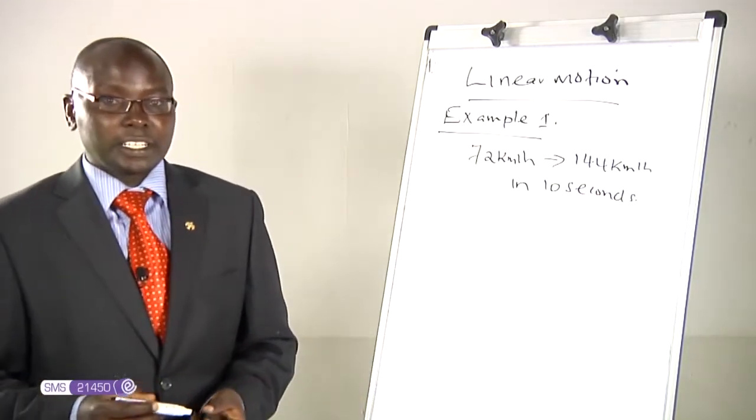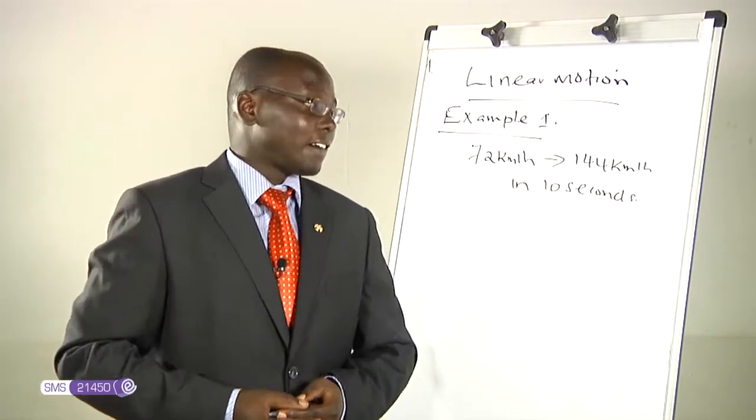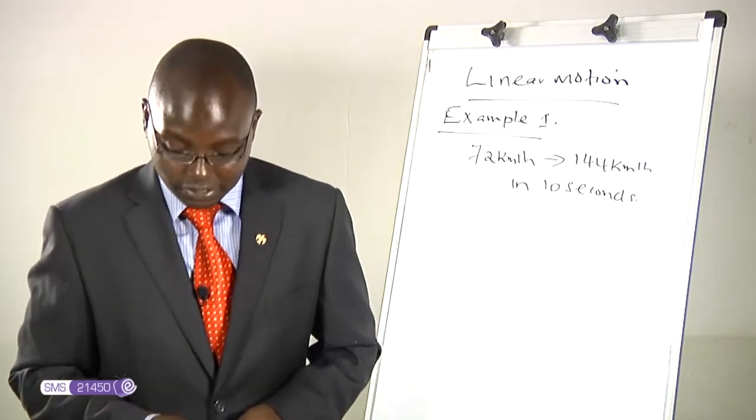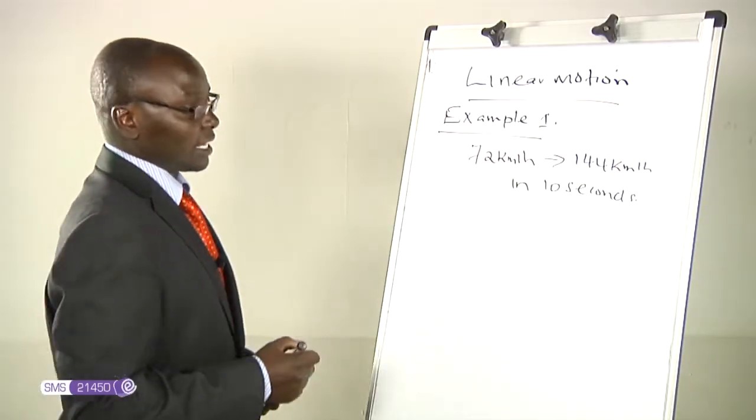The velocity of a body increases from 72 kilometers per hour to 144 kilometers per hour, and this change in velocity took 10 seconds. Calculate its acceleration.